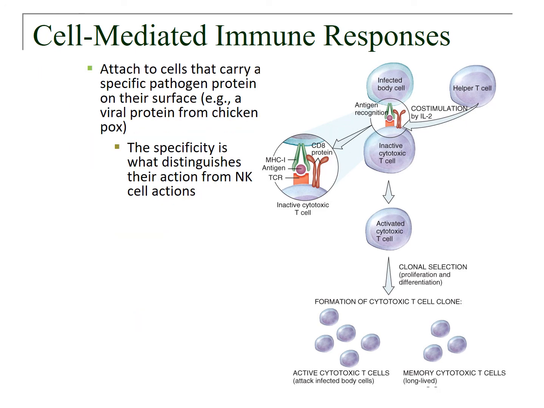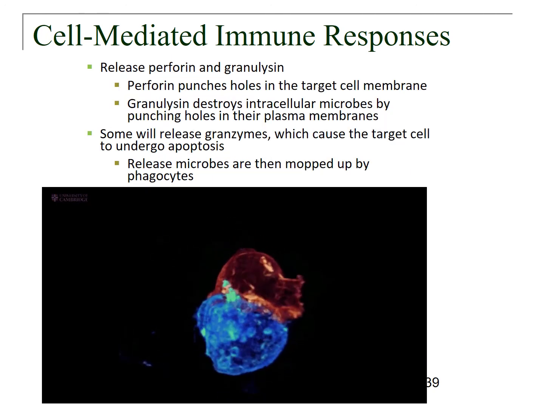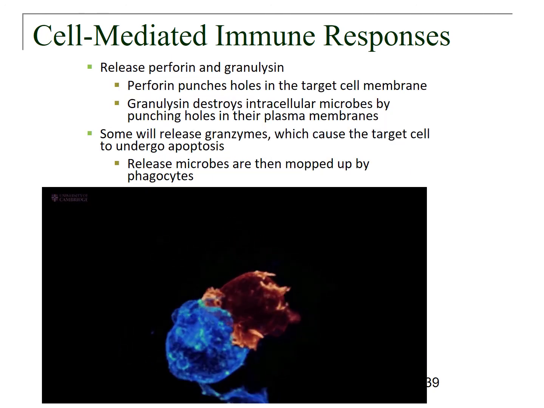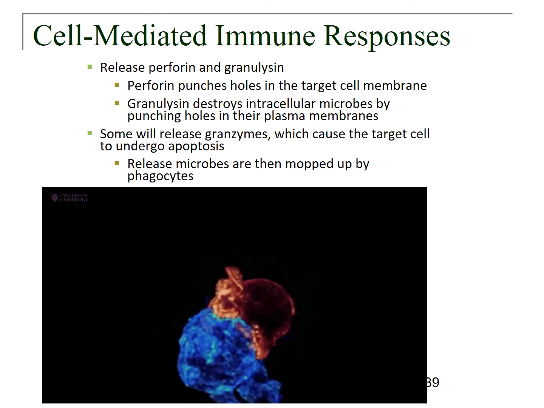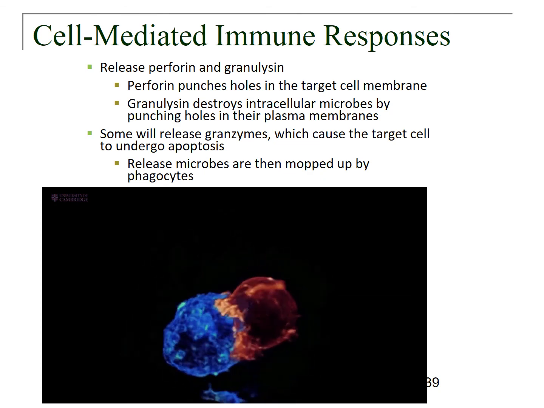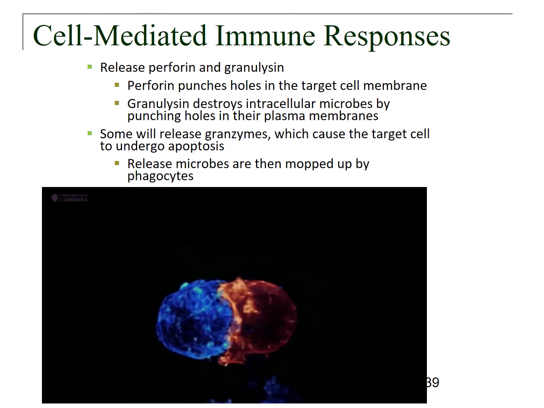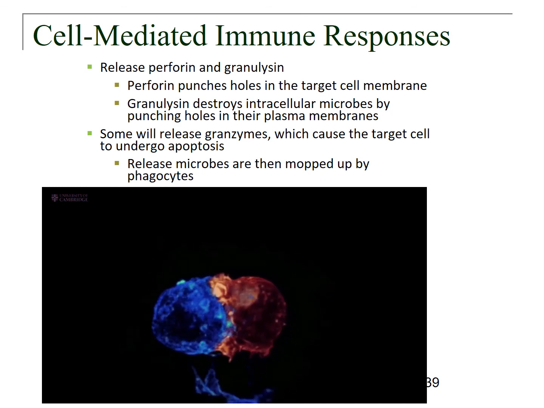Now, the way that these cytotoxic T cells carry out their action, and this is a T cell that's actually crawling over another cell, and it's preparing to destroy it. They'll release perforin and granulysin.